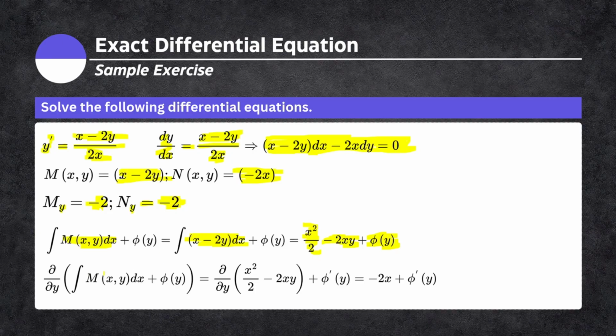Next, we get the partial derivative of our result with respect to y. The partial derivative of x squared over 2 minus 2xy will be negative 2x, and then just copy the phi prime of y.